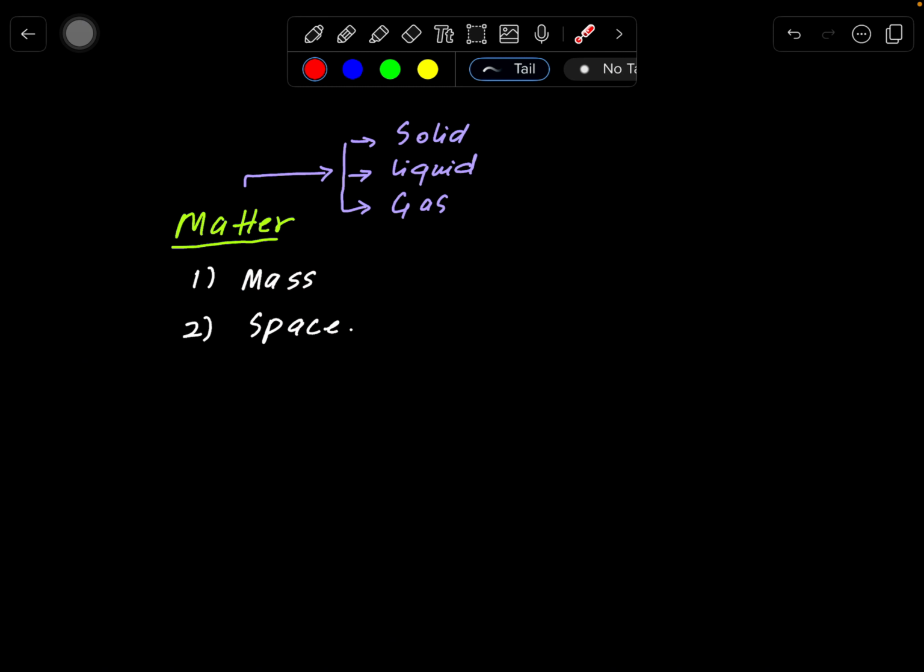Let's take an example of a solid. Your pencil, it has a mass and it occupies space. Your glass of water, the water in the glass has a certain amount of mass and it occupies space. Gas particles, like air in your room, it does have some mass and it occupies space. The mass is very negligible.